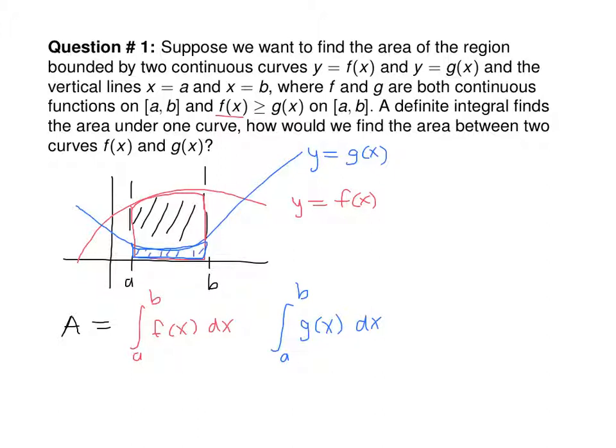So the way to find A is to subtract those two. So in general, the area between two curves, assuming that f of x is bigger than g of x, is going to be the integral from a to b of f of x minus g of x dx. So the first curve is the upper curve, the second curve is the lower curve.